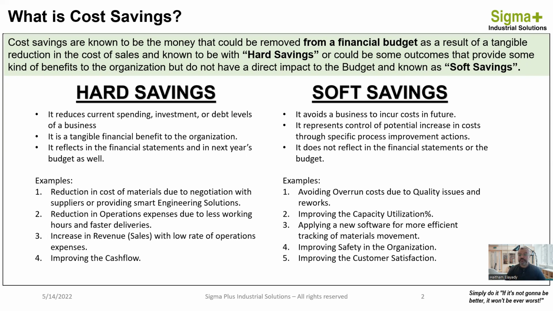Or imagine a design team that has provided a smart design solution that could lead to buying cheaper materials while maintaining the same level of design requirement and functionality. Of course, such a step will help improve the margin of the project because you will reduce the material cost.